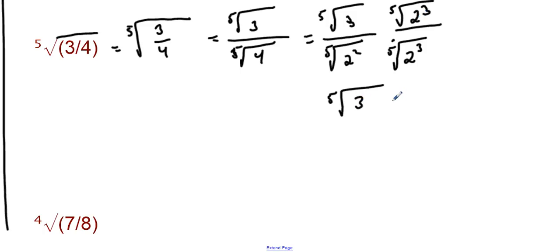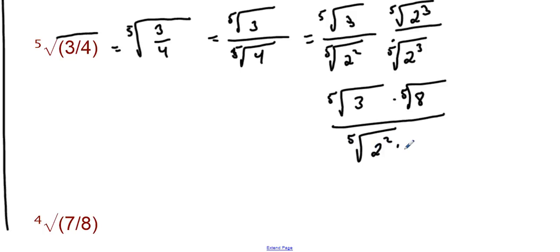So I have 3 times the fifth root of 2 cubed, and that's going to turn to the fifth root of 8. All over, we now have the fifth root of 2 squared times 2 cubed. I can combine these.